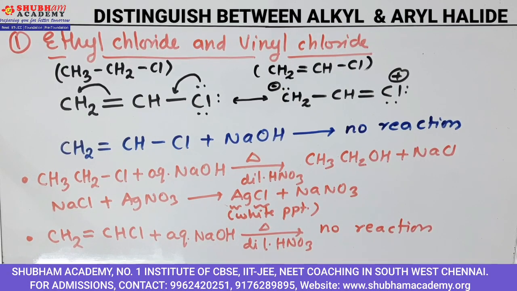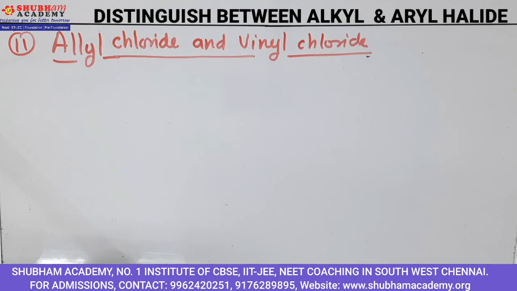So in this way we are able to distinguish ethyl chloride and vinyl chloride, right. Now next we will see how to distinguish allyl chloride and vinyl chloride, okay. So allyl chloride and vinyl chloride.